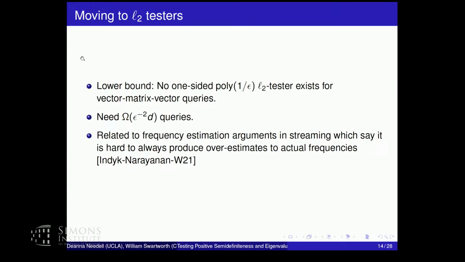If you're familiar with things like count sketch, these give you two-sided estimates. Sometimes they're less than the actual value, sometimes they're larger. And that's actually essential. If you require one-sided, then the space complexity grows a lot. And that phenomenon is related to what's happening here. But that's just for one-sided testers. Maybe we can allow two-sided error.